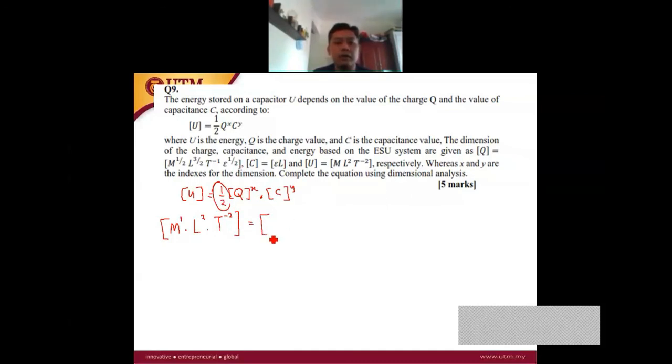Okay, and then we have Q to the power of x multiplied with C to the power of y. Right. Okay, so we have written that in the dimension form.